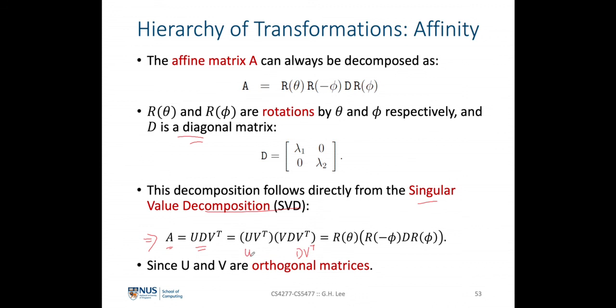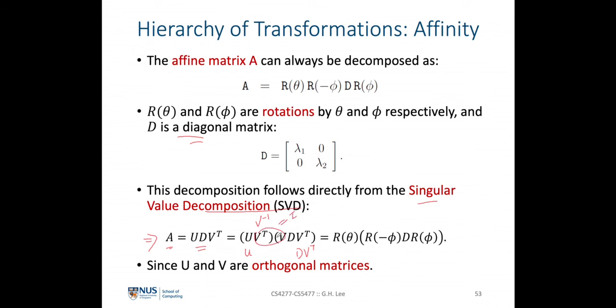And we can see that the product of these two terms over here will still give us A, because it's the singular value decomposition. Since the V matrix over here is an orthogonal matrix, this means that the transpose of V is also equal to the inverse of V, and hence V transpose multiplied by V over here would give us an identity.